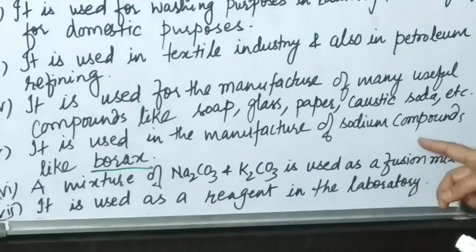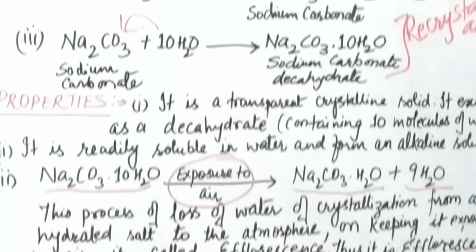How do they test it? When some salt is poured over this borax bead and it is heated, the color of the bead changes. Due to the change in color of the bead, we can make out which ion is present in which salt. So this is the borax compound which can be prepared from washing soda.